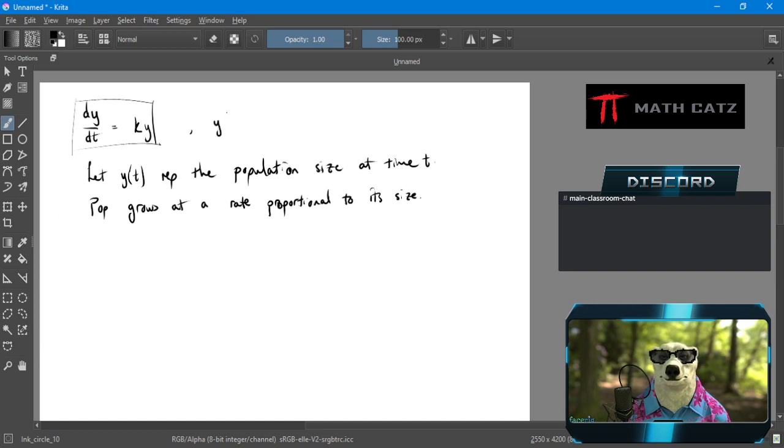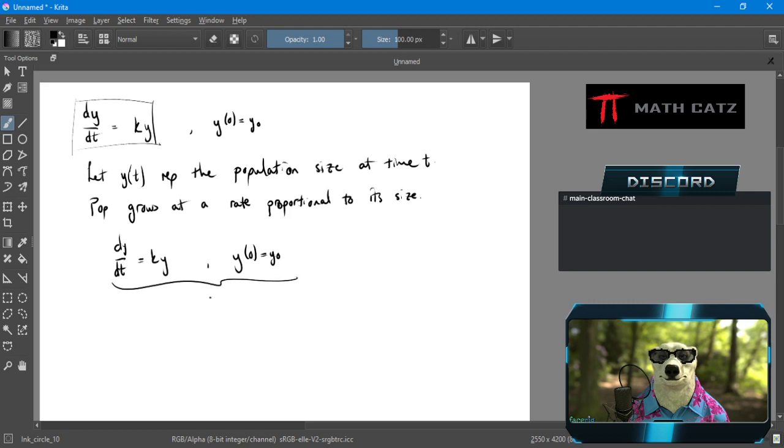I also want to know how many I have in my population originally, my initial population size, and between the two we can solve that differential equation and find the function that describes how the population grows. Let me just copy the differential equation over here with my initial condition.